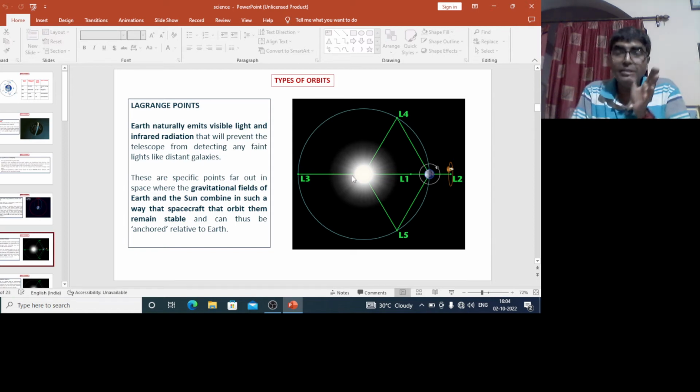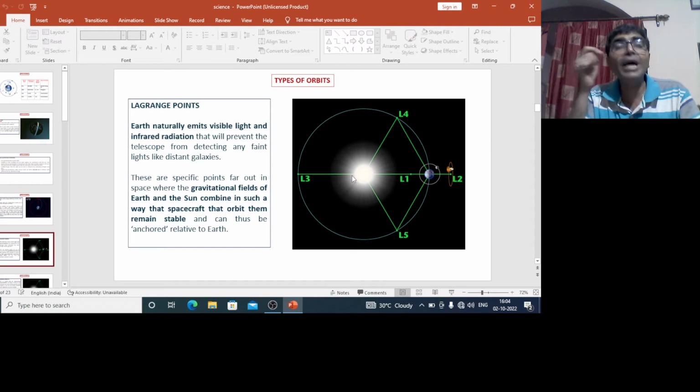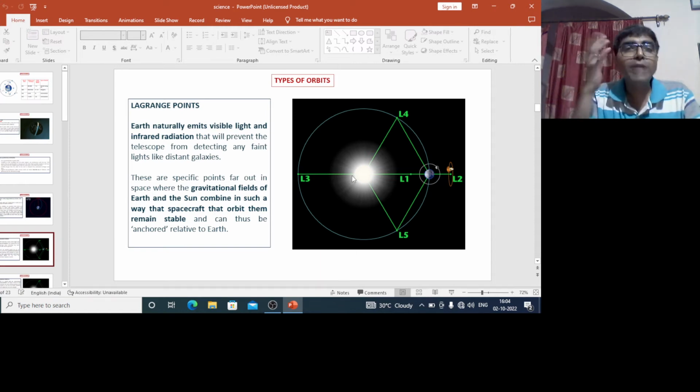That stage of life formation can easily be known with the help of the James Webb Telescope, which is an infrared version, and it will give much more coverage of the micron range, that is 0.28 or 0.6. So small objects can equally be visible with the help of the James Webb Telescope. This is also the current affairs point which I have discussed, which will be placed at this L2 point.